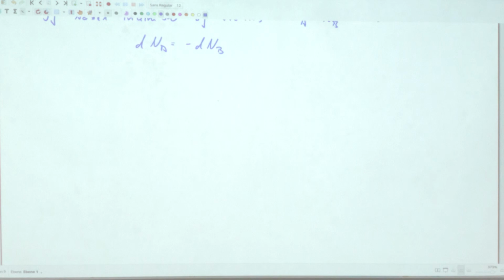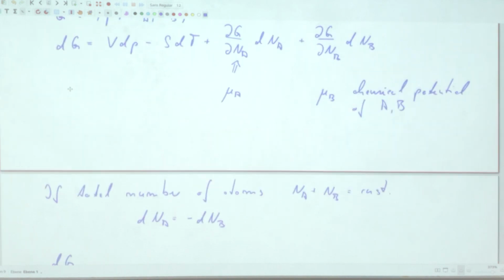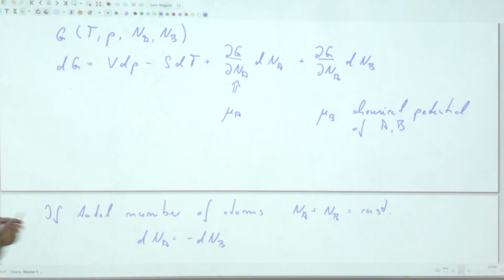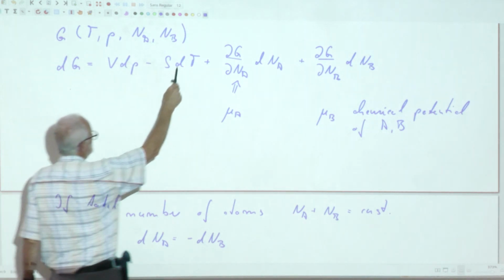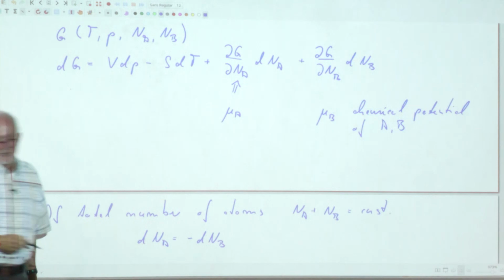And this now means our dG, to save some writing, I put pressure and temperature constant here. So if I put pressure constant, this is 0. If I put temperature constant, this is 0.